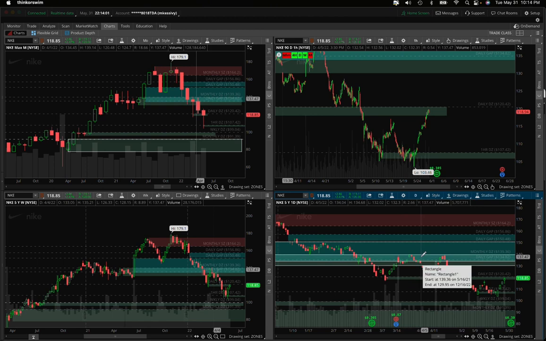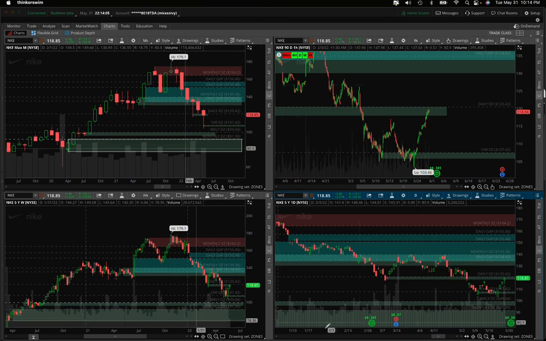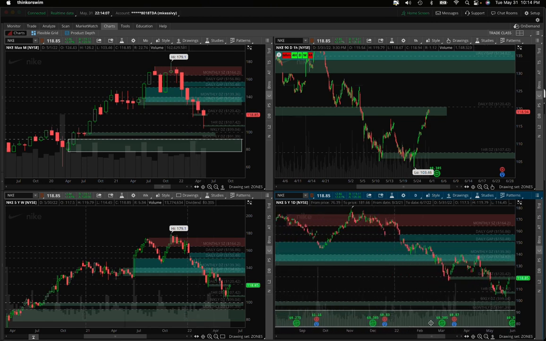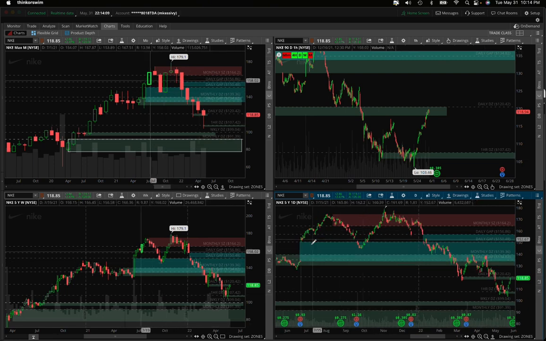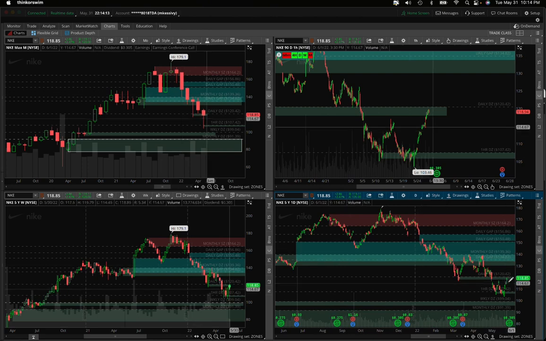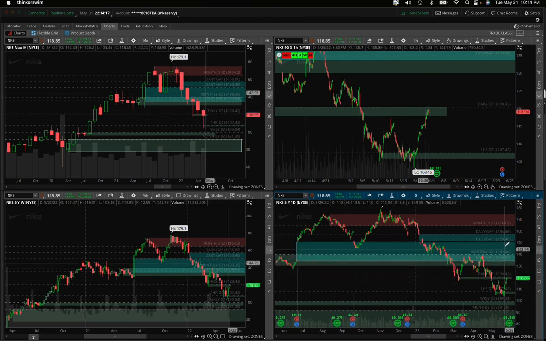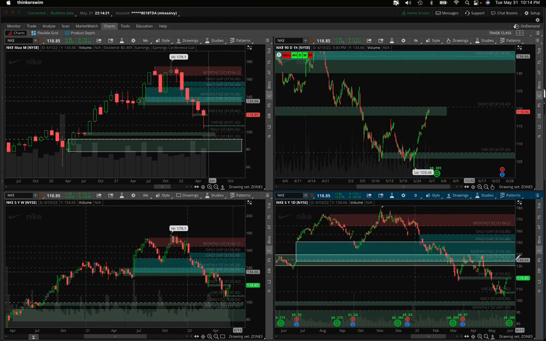And here's the beginning of that gap. So if you see the candle here, if we get some strong momentum, we can get back into that gap space, right?